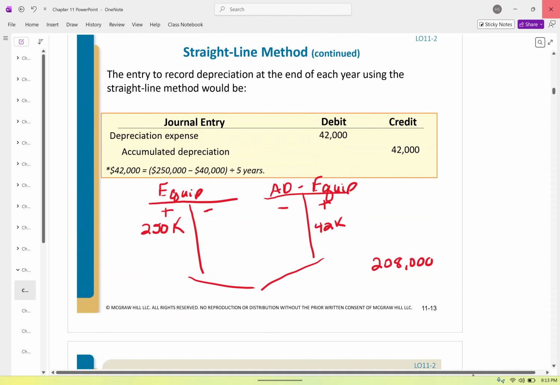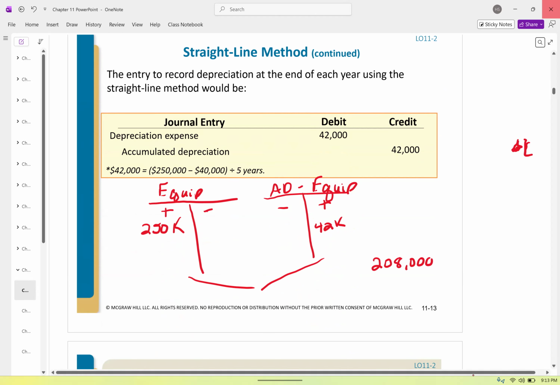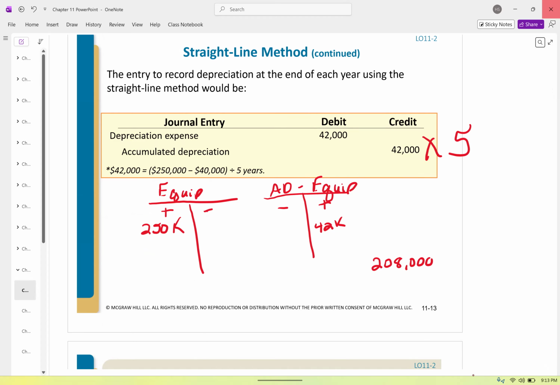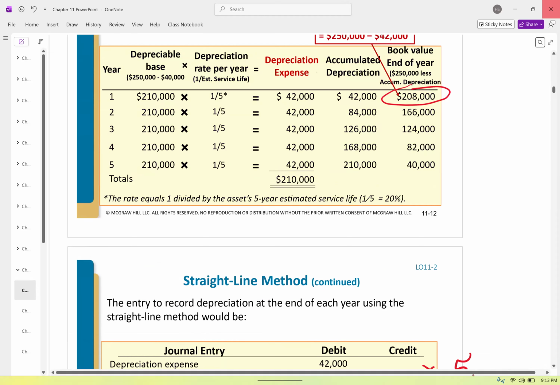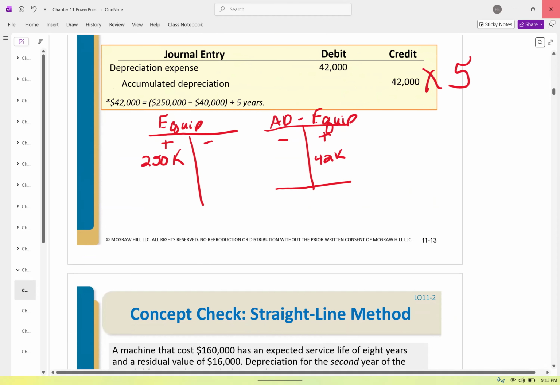They will make that exact same journal entry every single time. That's why they said divided by 5. So if they did this journal entry 5 times, they would ultimately end up with, is it 210?